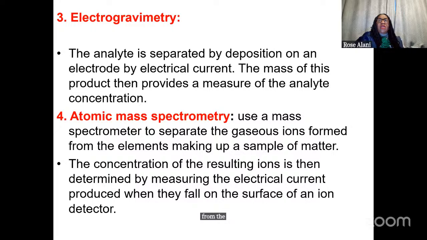You use a spectrometer to do this separation. You now have separate gaseous ions. Then the concentration of the resulting ions is determined by measuring the electrical current of the ions that fall on the ion detector.